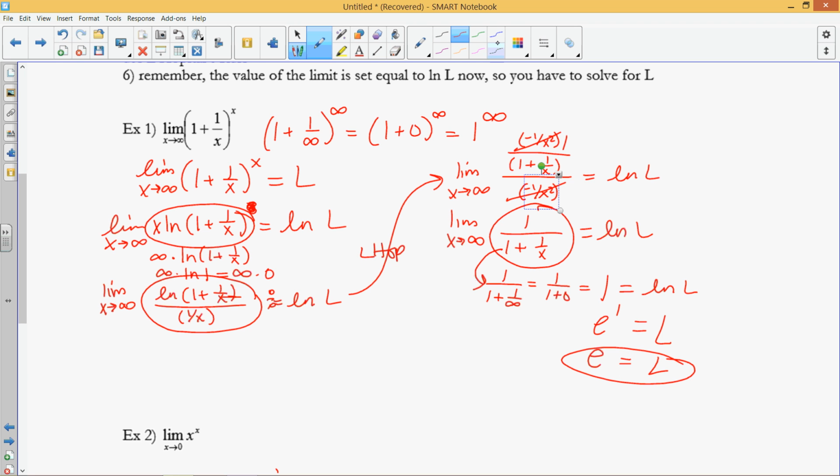Okay, here's another important thing on this one. What we just learned is that the limit as x approaches infinity of 1 plus 1 over x, to the x, is equal to e. This is something that you should try to remember. One definition of e is this limit right here.